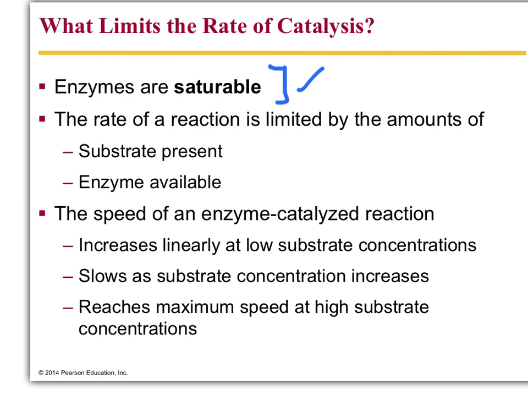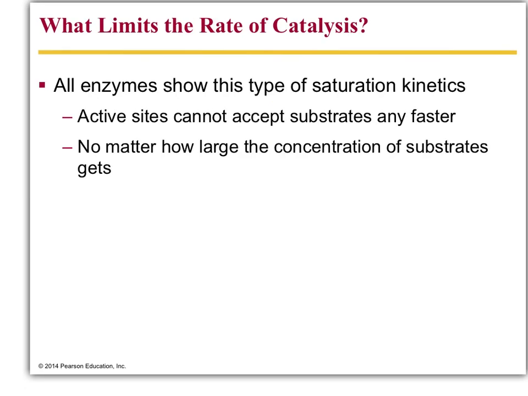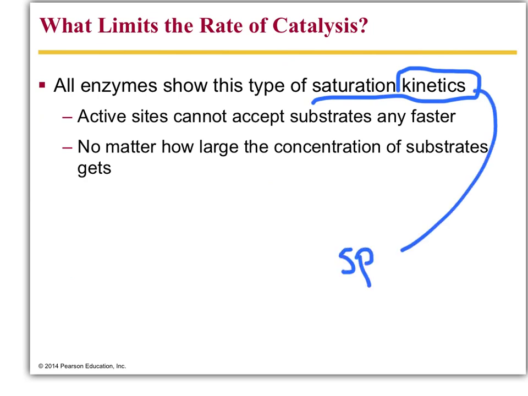And it's dependent upon how much substrate is around, how much enzyme is around, and the speed of how fast that enzyme can catalyze the reaction. So what we call this is that enzymes have kinetics, so they work at a particular speed. In this case, we're talking about speed.